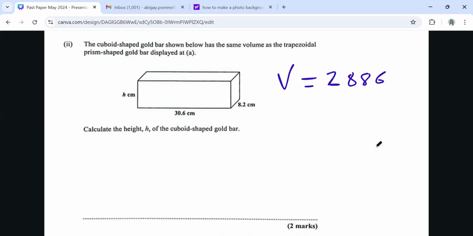Good, we know that, and then what we're finding is the height. So our formula for volume is length times width times height.